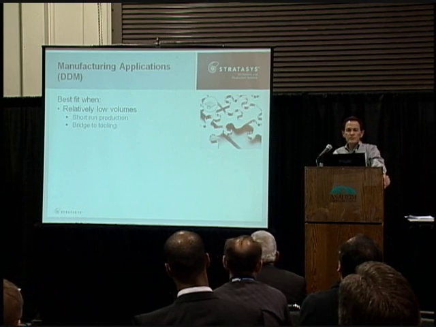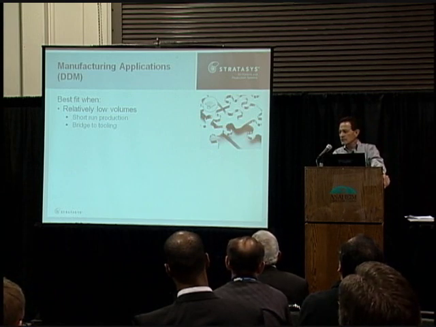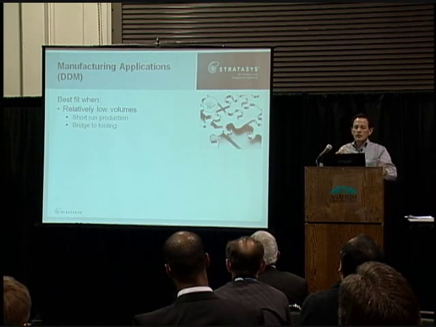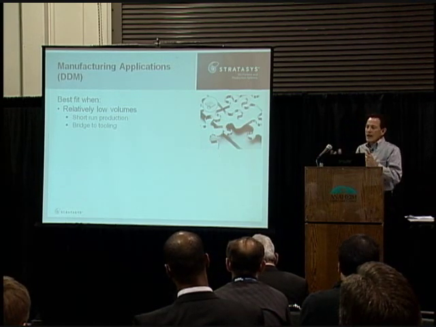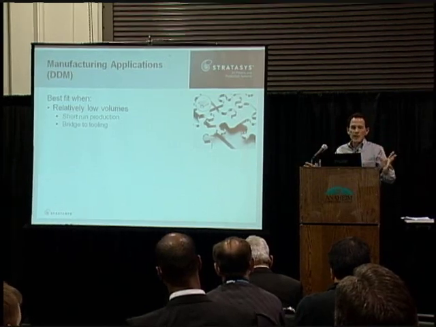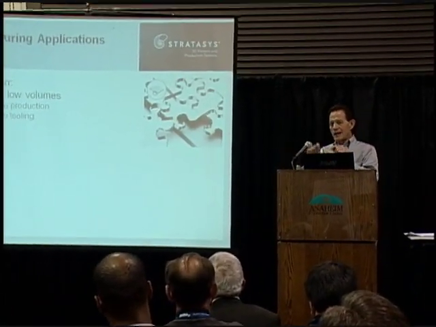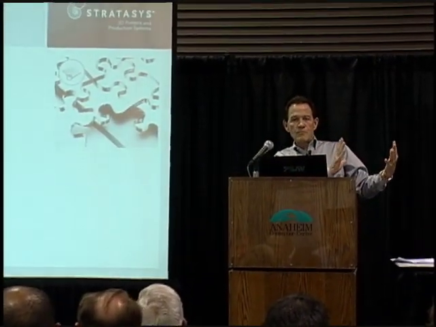Some of these best fit when we're talking about DDM or end-use parts, low volume type of parts. If you do an ROI, you get your pencil out, we're going to fit somewhere between here and making a tool for mass production, depending on the product and the requirements. A big one that hits low volume is bridge tooling.